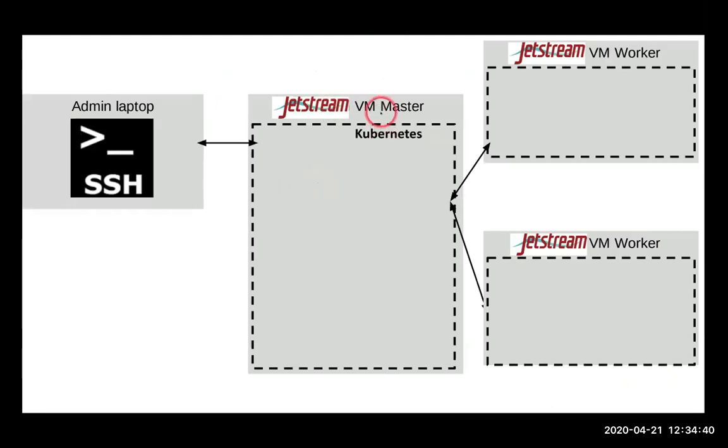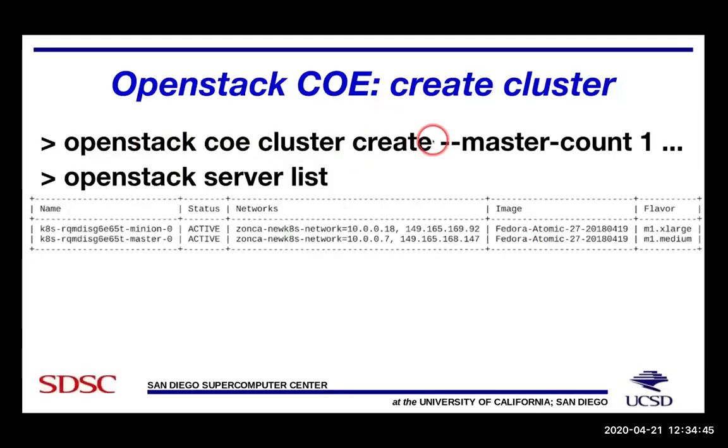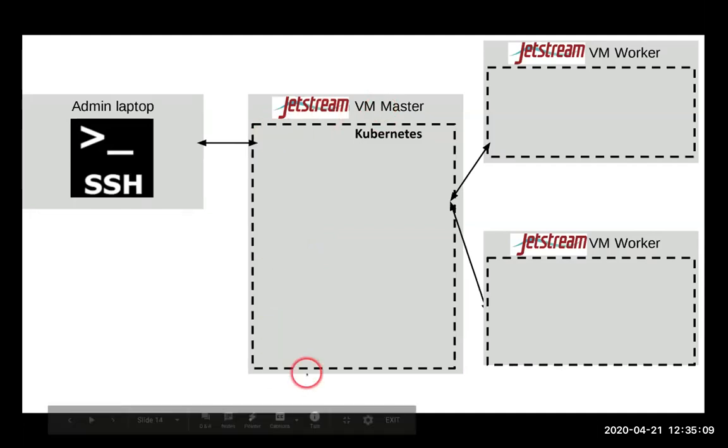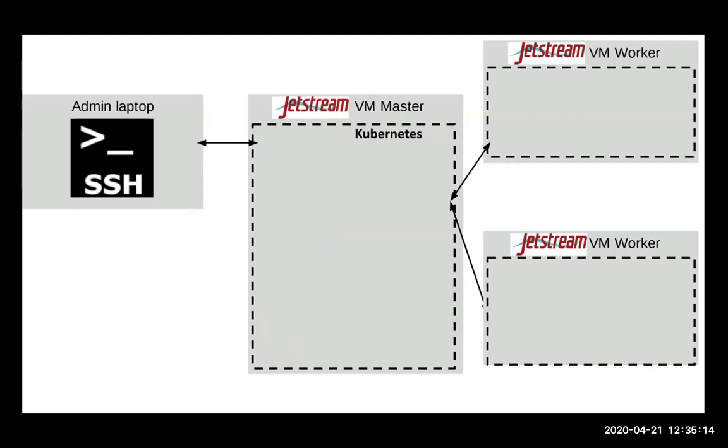Here is a graphic on how this works. Once you launch this command, OpenStack takes maybe 15 minutes or so. After 15 minutes, you see that there are some servers running, some virtual machines. Each virtual machine has its own Docker environment, and the Docker environment can run Docker containers.